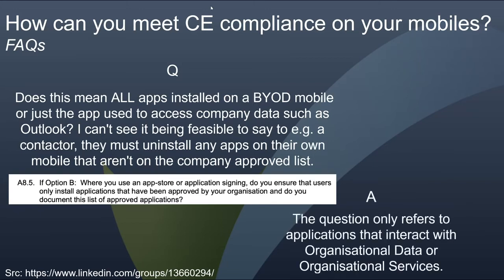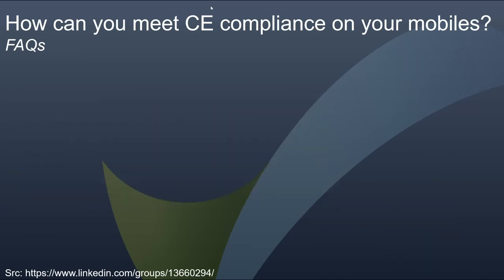Fortunately, whilst it's not clear in the wording, IASME have confirmed that the approved apps list only relates to apps that access organizational data or services. So that's what the approved apps list needs to cover.